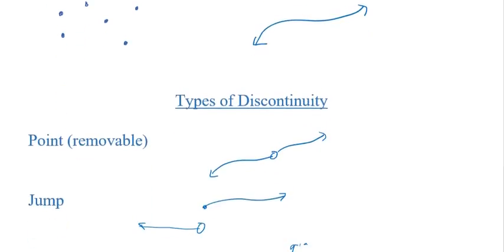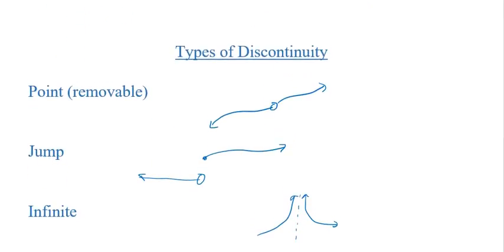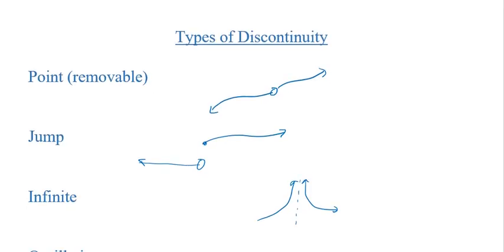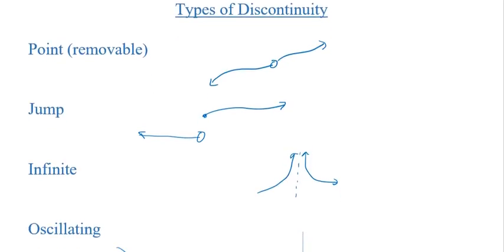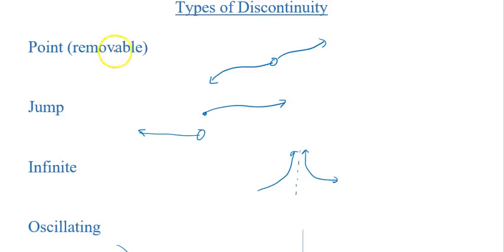The main differences are types of discontinuity, and there are 4 types. The first is called point discontinuity or removable discontinuity. This is when there's a hole in the graph, and so the graph's going along, you have a hole, and then it goes along after that, and the hole is just at that one point.